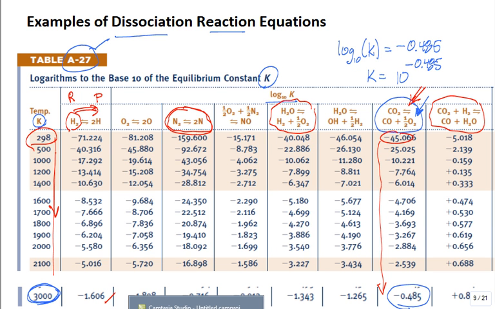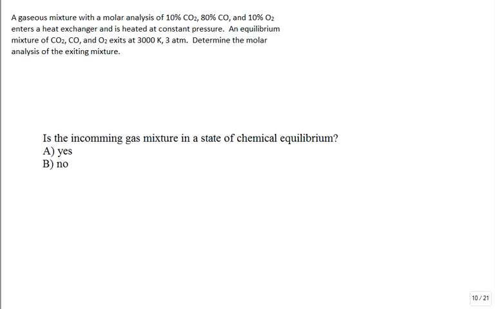All right. So let's read this problem and work this problem. I have a gaseous mixture with a molar analysis of 10% CO2, 80% CO, and 10% O2. It enters a heat exchanger. So here's my heat exchanger, and I have this mixture.